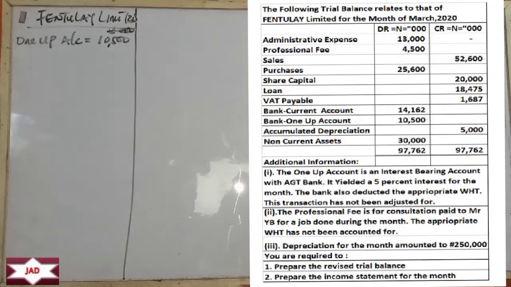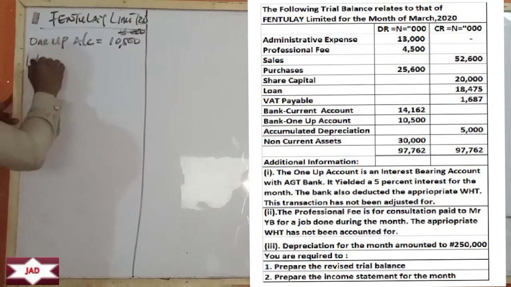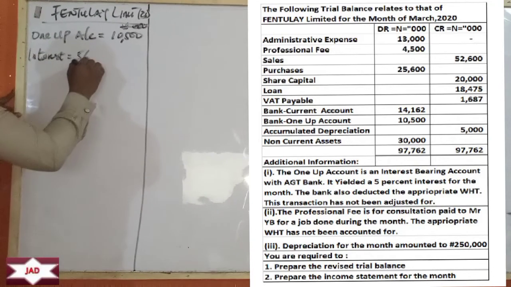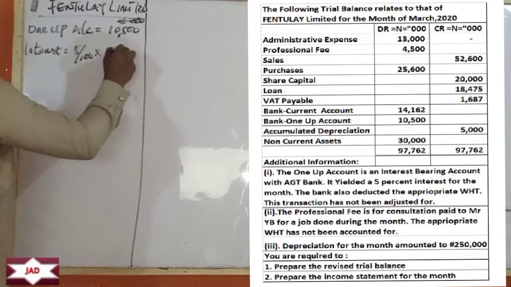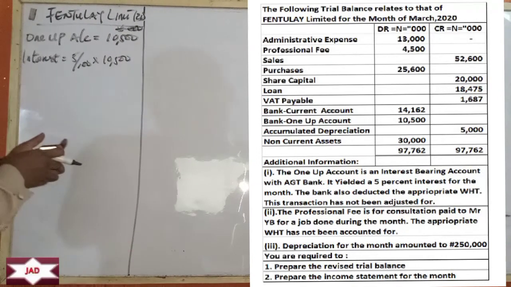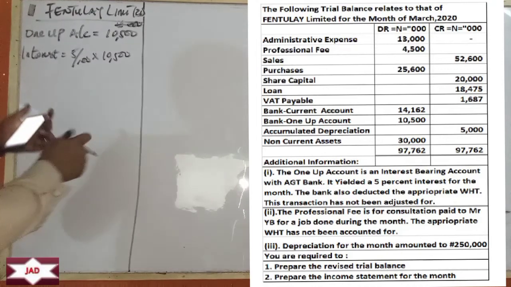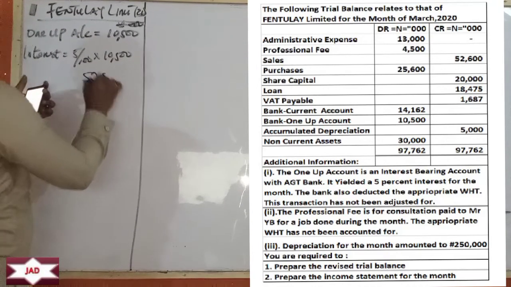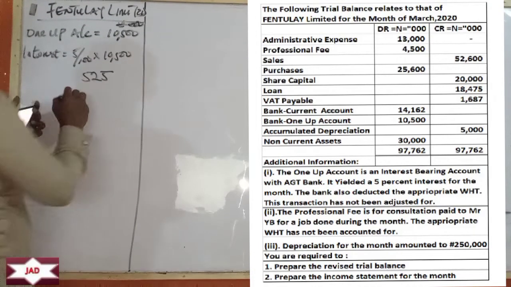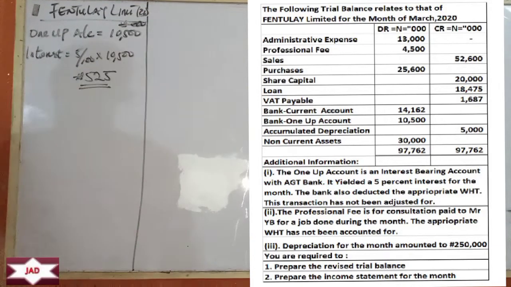It did 5% interest. So the interest would be 5/100 times 10,500, 0.05 times 10,500, so this is 525. That's 525,000 naira.